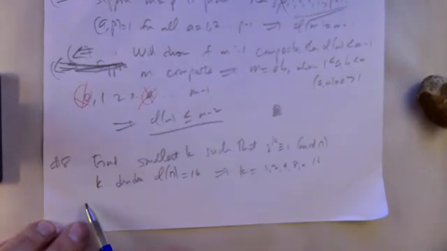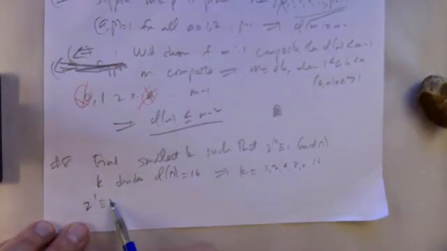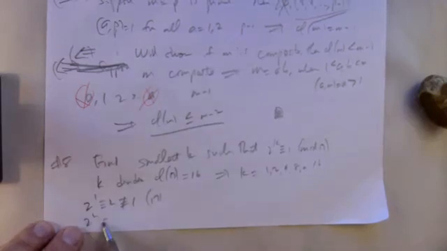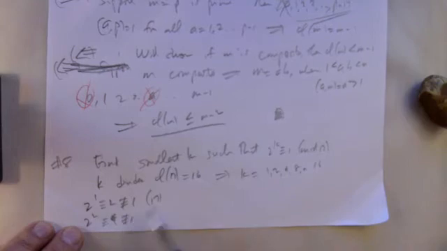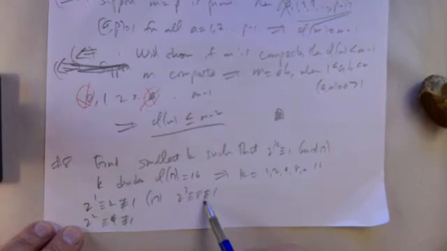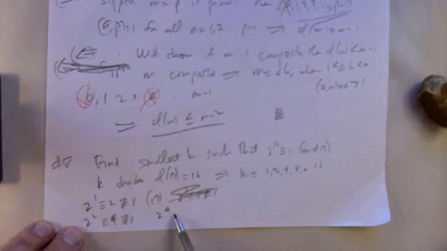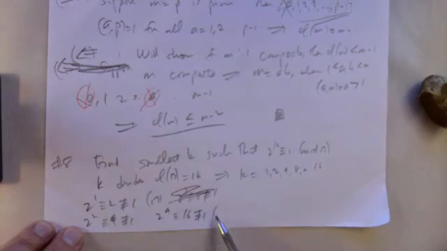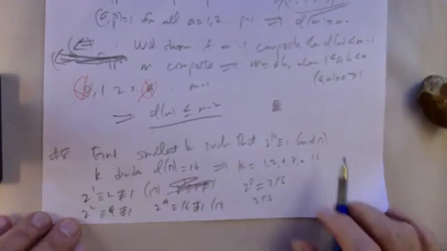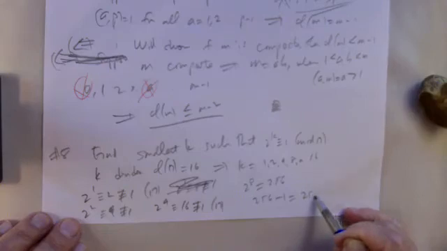So we just look at these powers. 2 to the first power is 2, which is not congruent to 1 mod 17. 2 squared is 4, which is not 1. 2 to the fourth is 16, which is not 1 mod 17. 2 to the eighth is 256. 256 minus 1 is 255.